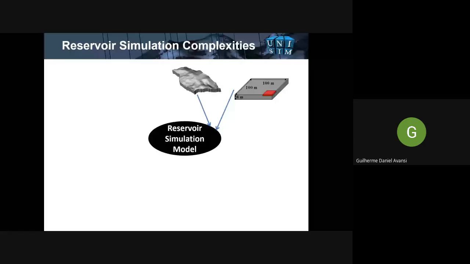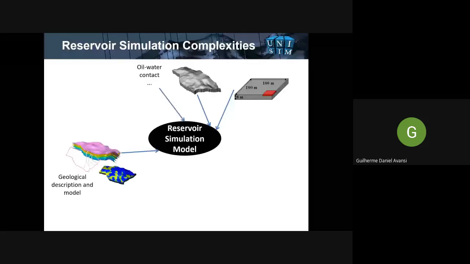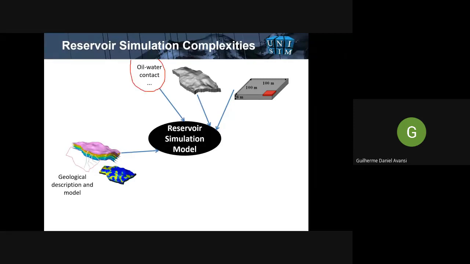So just to remember, the model, this is the limit of the reservoir, the grid cell here. We include the information of the oil-water contact that we have here. We include information from the geologic model through upscaling techniques. I'm talking about upscaling techniques because it's the most traditional one. I'm talking about the fluid properties. We must include this information in the reservoir simulation model. We must include rock properties.